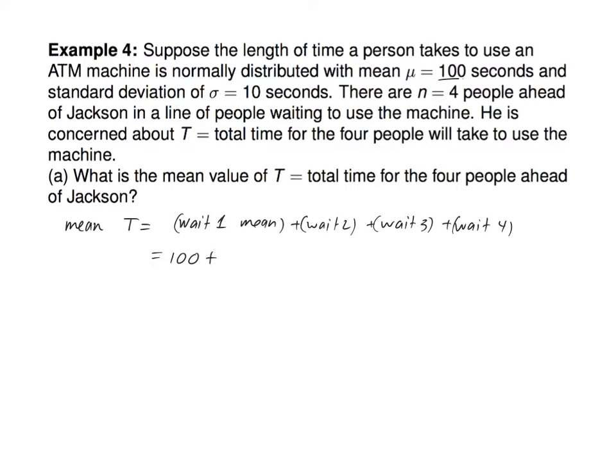What's the average time I'll wait for the second person then? 100 plus 100 plus 100, right? They all happen to be the same, because we're talking about repeated iterations of the same process. So that's 400 seconds. Okay, so the mean is easy.